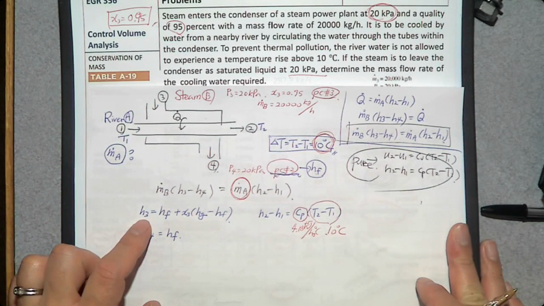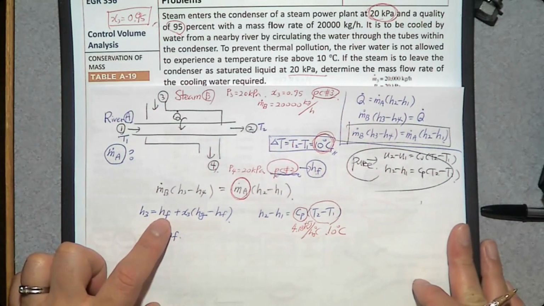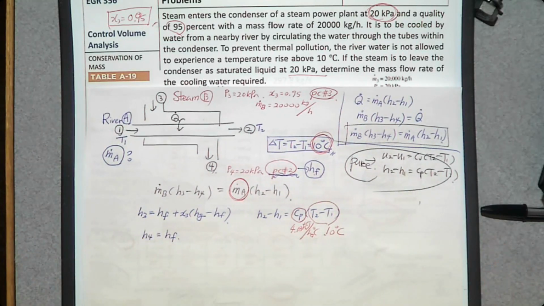So let's find h3. How do we determine hf? I know we need to find hf and hg. But where can we find them? From this pressure. If you know temperature, from that temperature. If you know pressure, from that pressure, right? So at 20 kilopascal, if you know pressure, what table do you need to find? Saturated water, pressure table.